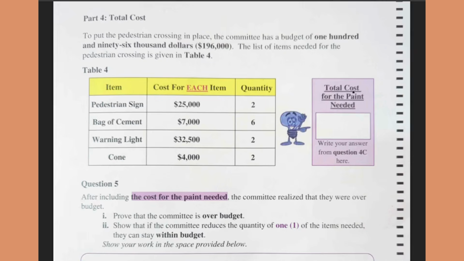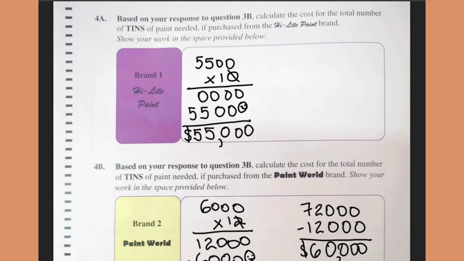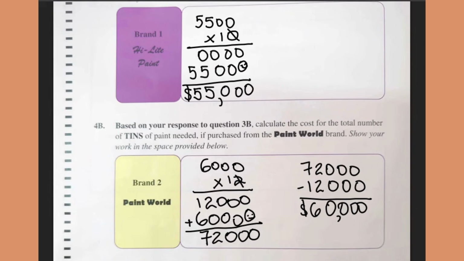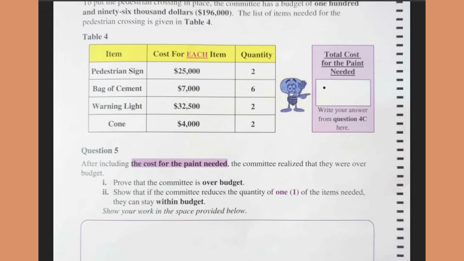Now we're asked to write the total cost for the paint needed from question 4C. So the total cost for Highlight paint is 55,000. So let's write it right here.